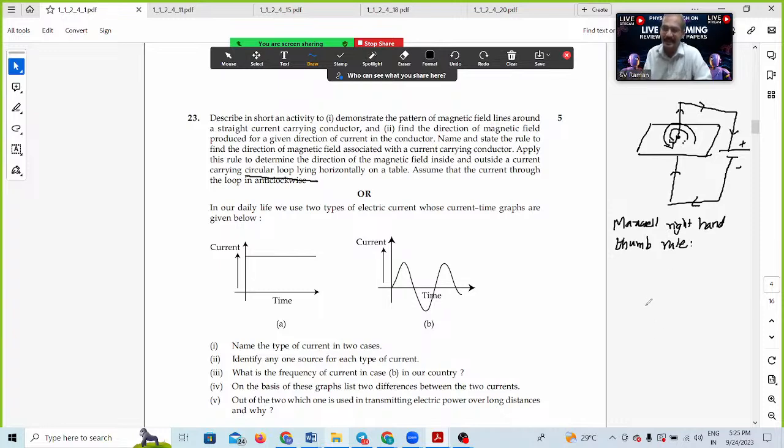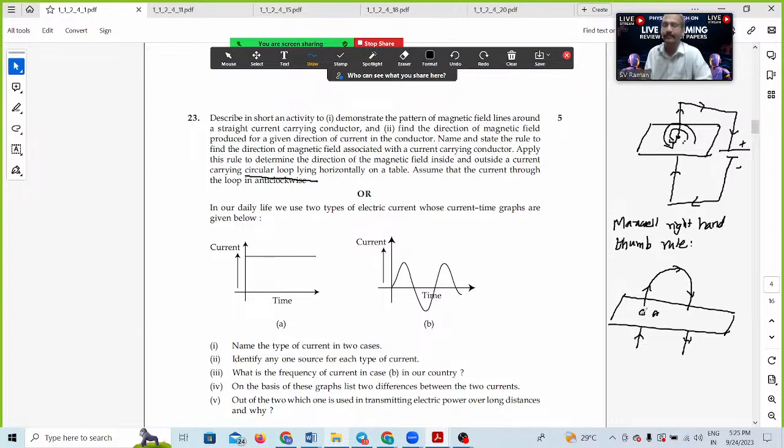Now there is a circular loop. Next question they are asking about the circular loop. Here, in a circular loop, the current direction is changing. Left hand side top direction, right hand side down direction, but the same wire. Now apply the Maxwell right hand thumb rule on the left hand side.